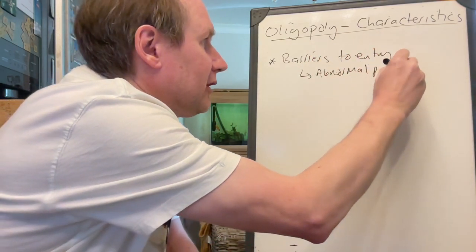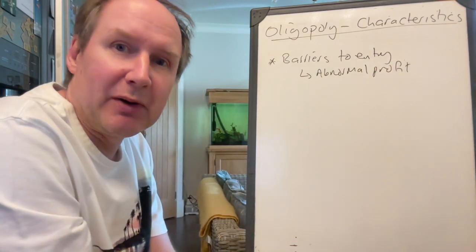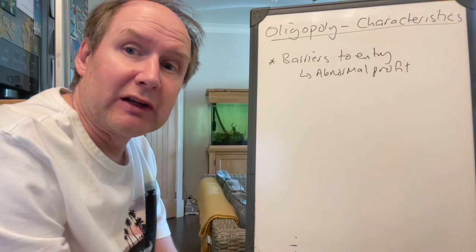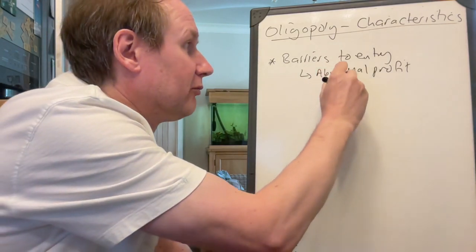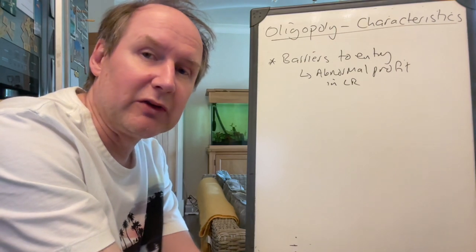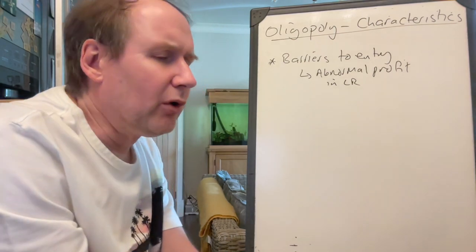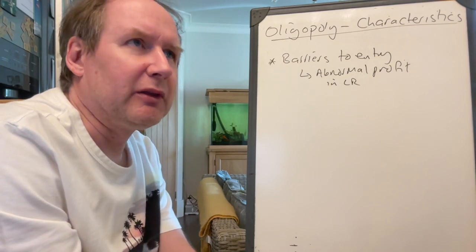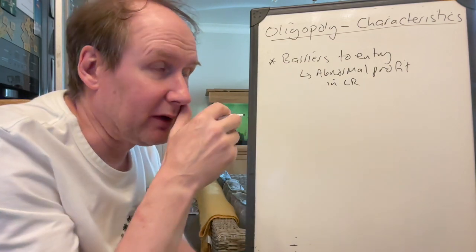It may be partially contestable, but it's not going to be fully contestable because of these barriers to entry and exit. There'll be abnormal profit in the long run because it's not possible for firms easily to come and take those profits away.